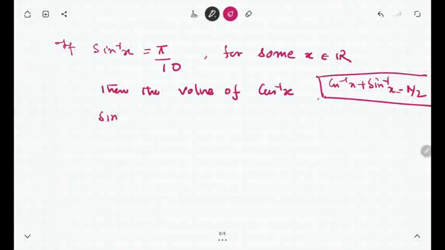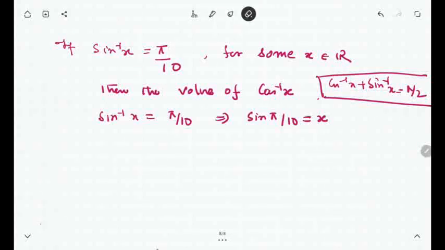Sine inverse x is given as pi by 10. This implies sine of pi by 10 is equal to x. If we could use the property, let us check what value we will get for cos inverse x.